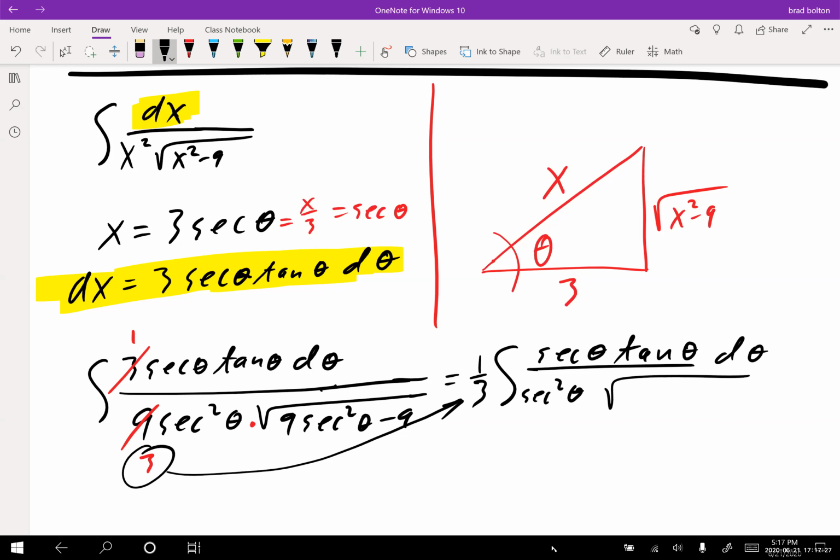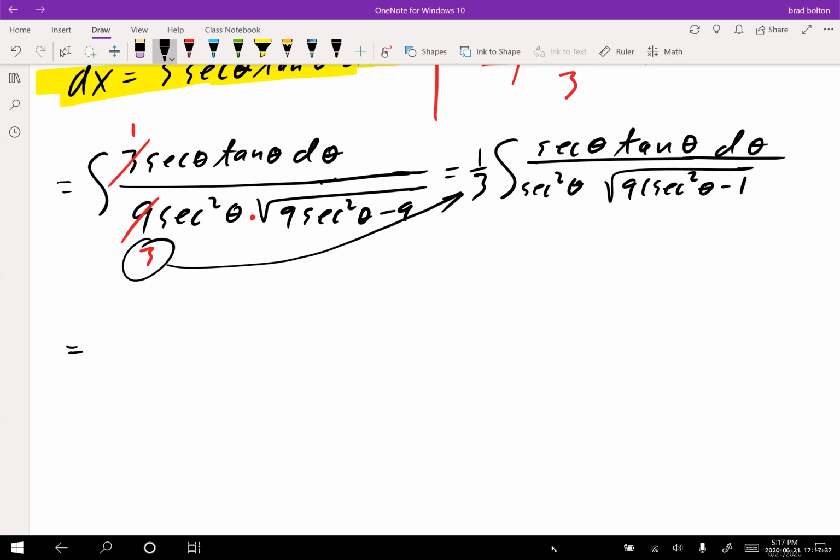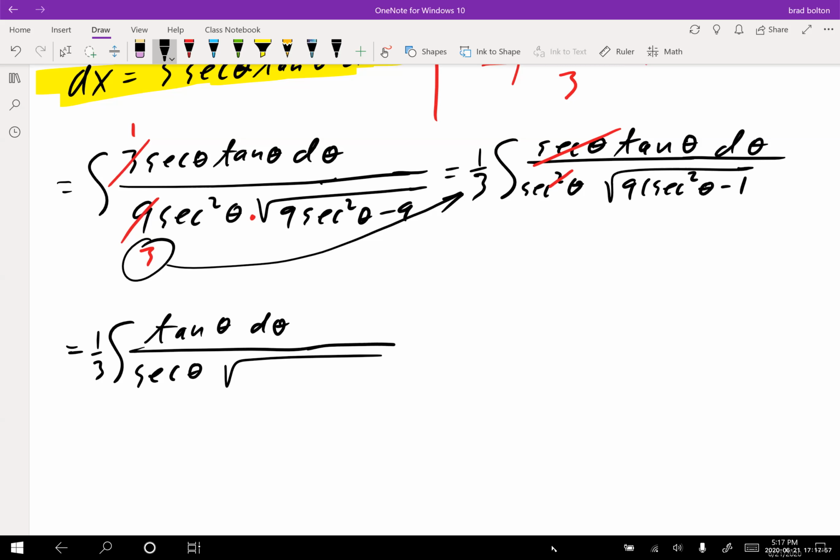Now I'm going to factor out the 9, and that's going to become 9 times secant squared theta minus 1. All right, let's do some more cleanup. This will become 1/3 secant. You know what we could also do? We could also cancel this secant theta with one of those secant thetas. Again, we're just trying to clean up. So this will become tan theta d theta all over secant theta, because we canceled the square of it. And then, oops, this is actually 3.